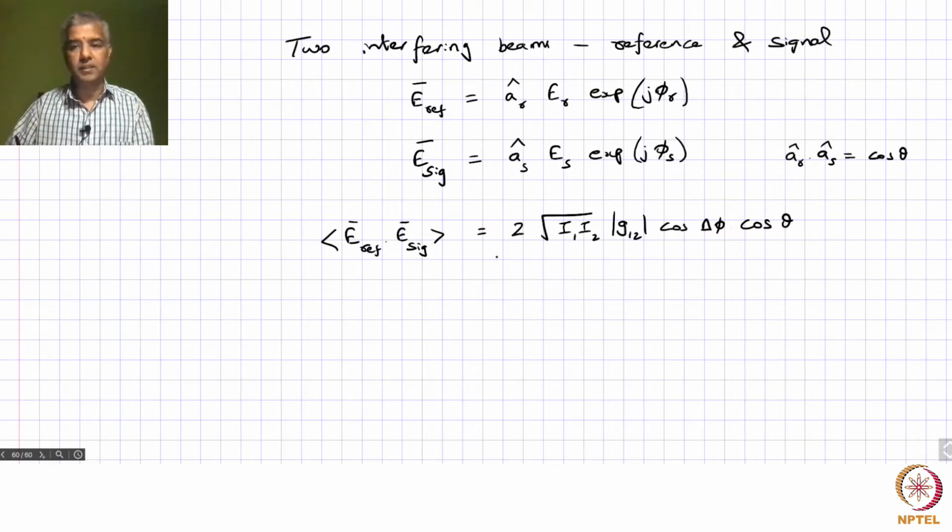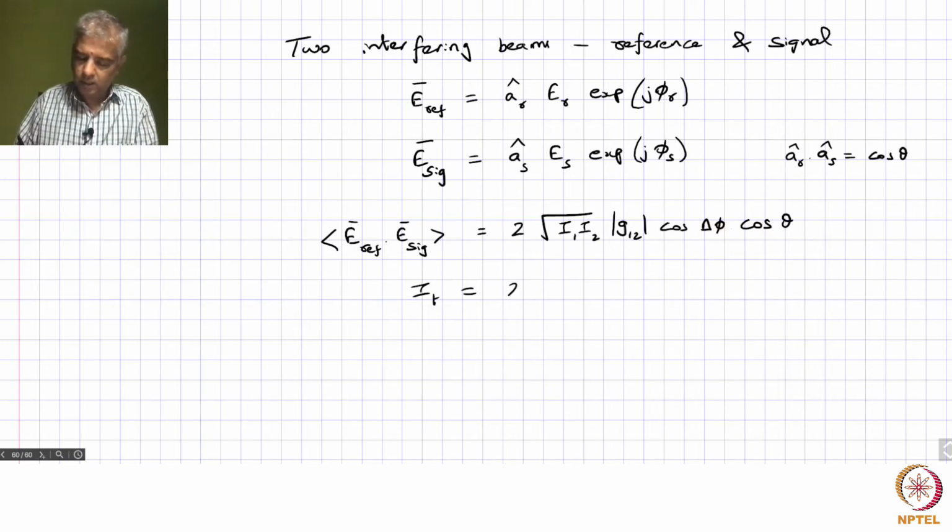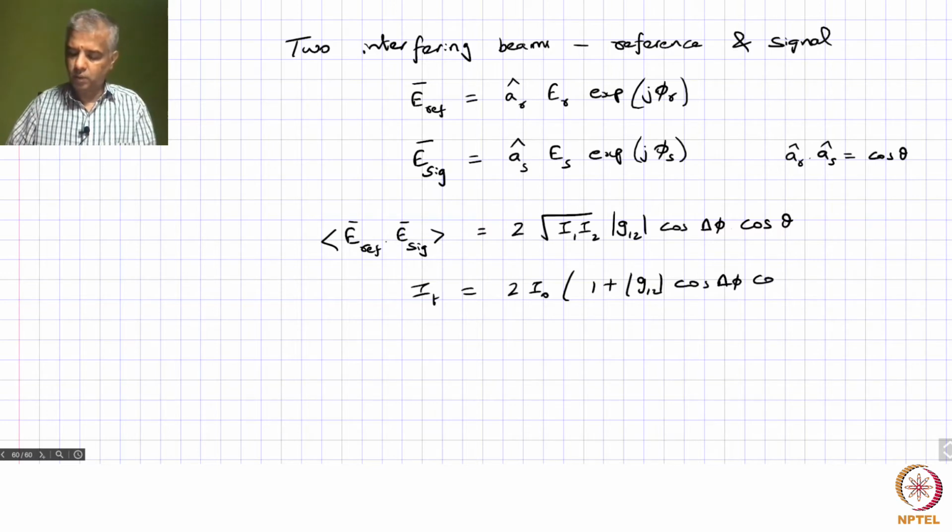That is the condition that we have been seeing so far, wherein we said I_T equals 2 I naught times 1 plus G12 cos of delta phi, but now we have the cos theta term also. So far we have not considered this because we have been assuming that we have the same polarization.